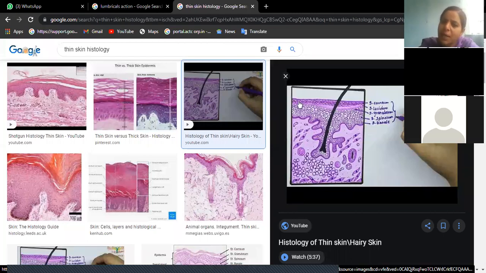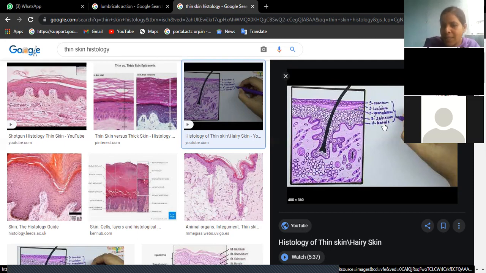Again, we will see the epidermis part and dermis part. But the epidermis part is not shown as much as in the thick skin. In the thick skin, you will draw all the layers like stratum basale, stratum spinosum, stratum granulosum, stratum germinativum, stratum lucidum, everything. Your diagram will be filled with only those layers. Whereas here you are just going to give only a few layers which show the epidermis.